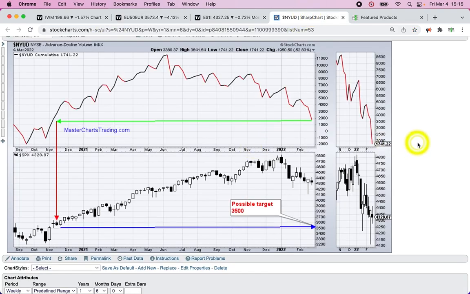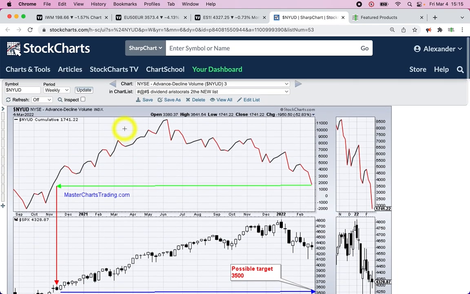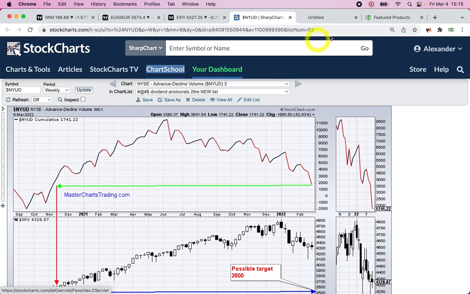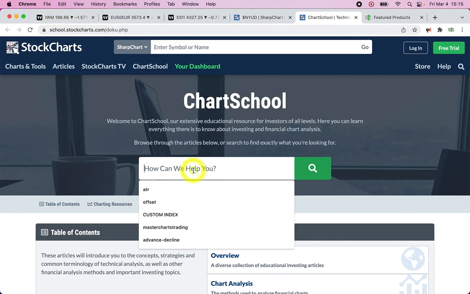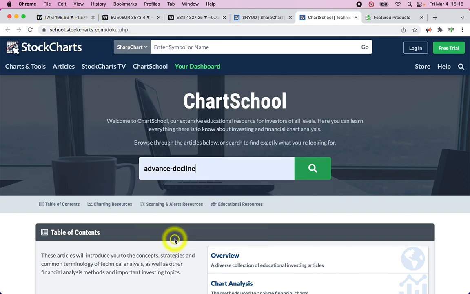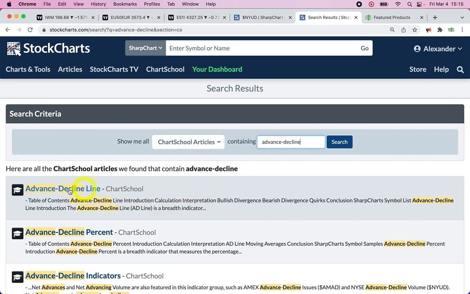Let's look at market breadth quickly. So this is the advance decline volume line. Again, I already explained it many times. You can go to Chart School and look up, this is on StockCharts.com. I use that as well. So you can look at the advance decline line and you can read how it is constructed.